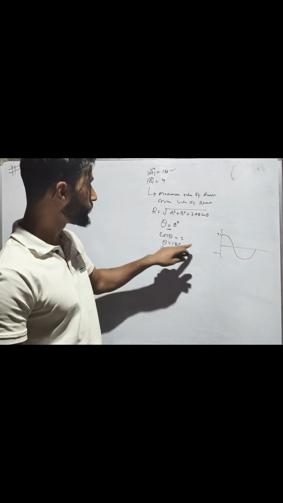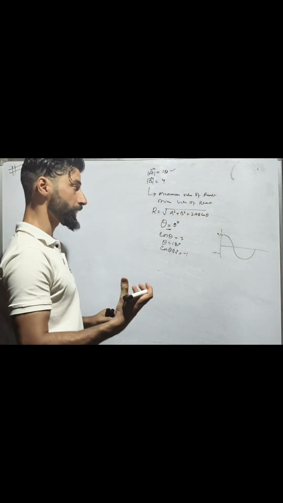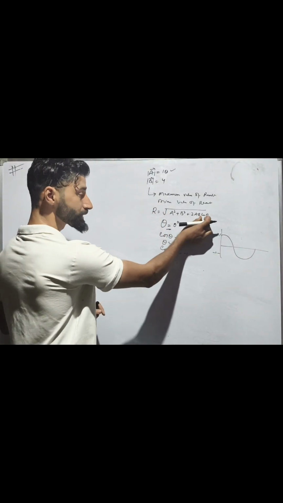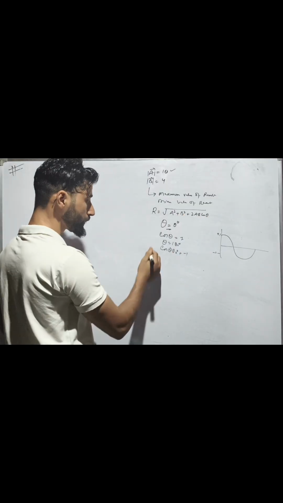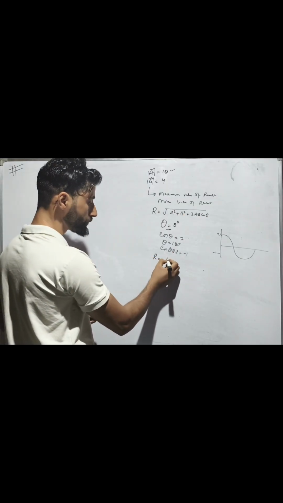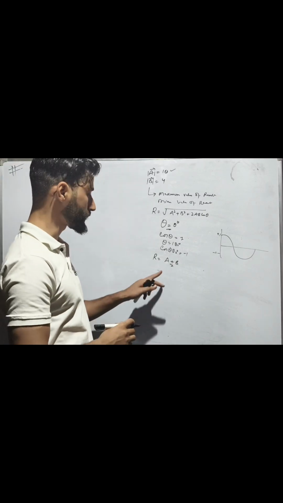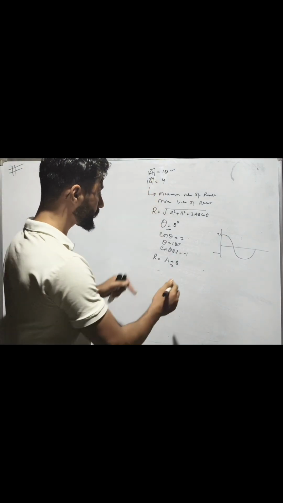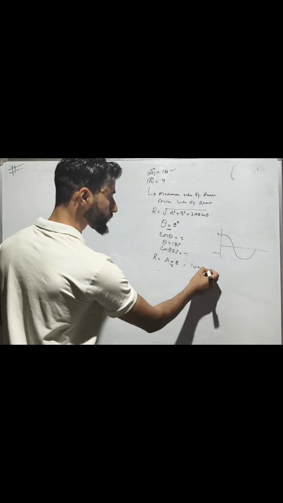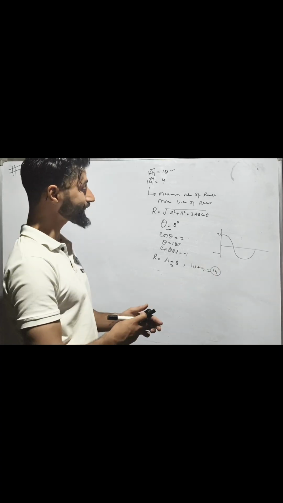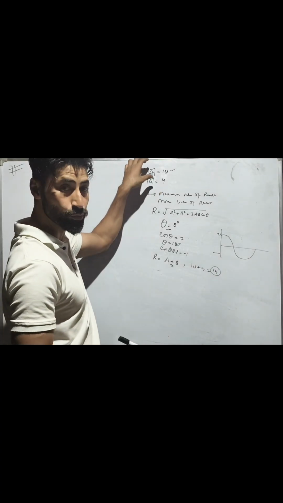As a result, our resultant will be maximum when cos theta is equal to 1, that is when both vectors are along the same direction. So the maximum value will be 10 plus 4, that is equal to 14. This will be the maximum value of the resultant of these two vectors.